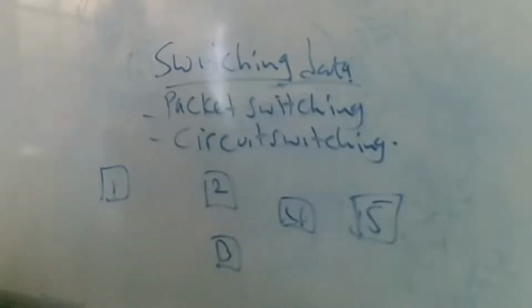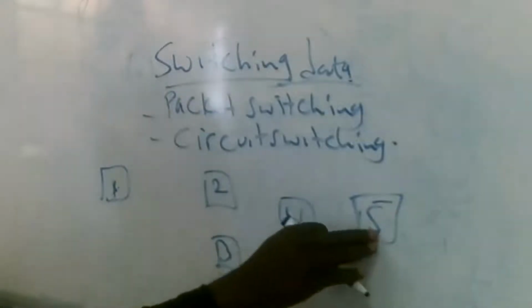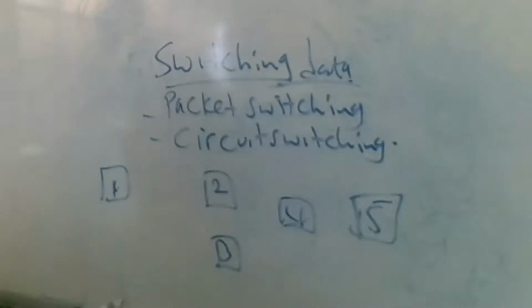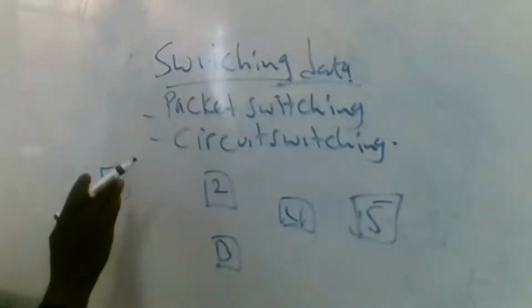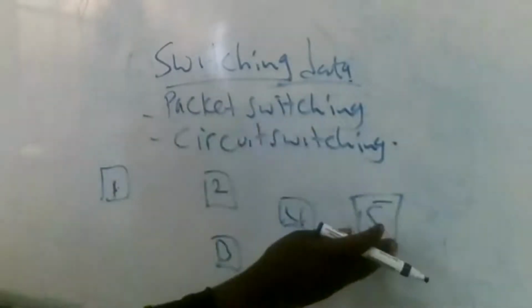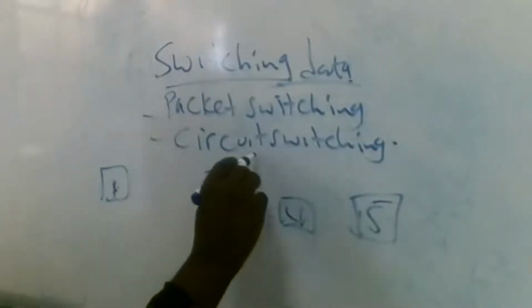Now, with circuit switching, what happens is this. The computer which wants to send the data, the sender, will first inquire from the receiver whether the communication should go on or not. The process of the sending computer inquiring from the receiving computer whether the communication should go on is called handshaking.